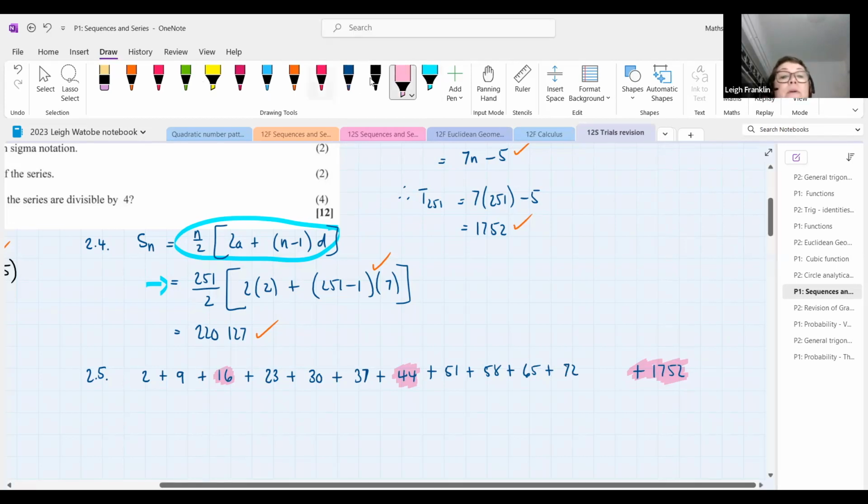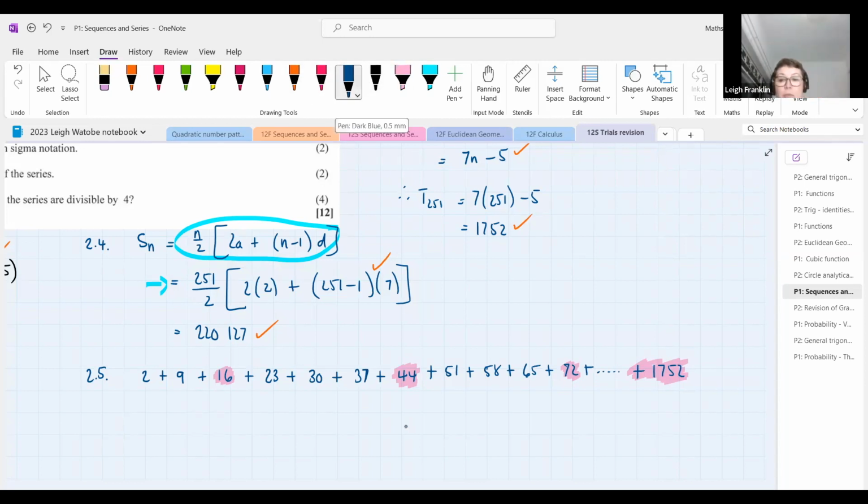Okay, now I'm doing this on purpose just to try and help build up a pattern of the numbers that are divisible by 4. Okay, so when they ask you a question about how many terms in the series are divisible by 4, what we would need to do first of all is work out the pattern of numbers that are going to be divisible by 4. All right, so in this case, we have a pattern emerging out of our pattern.